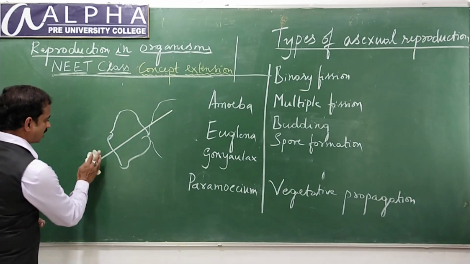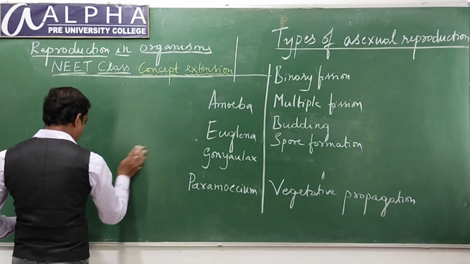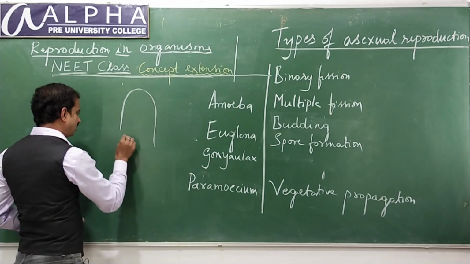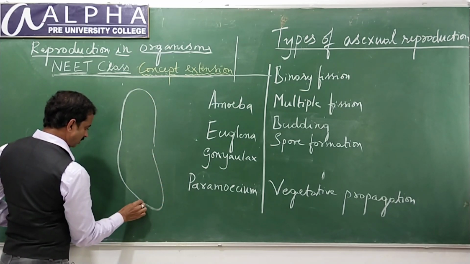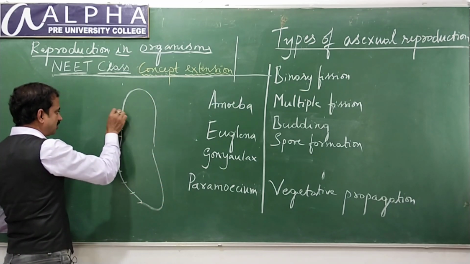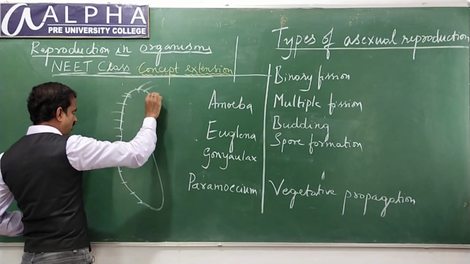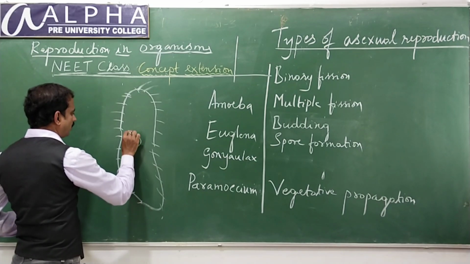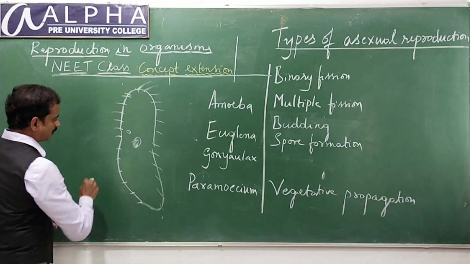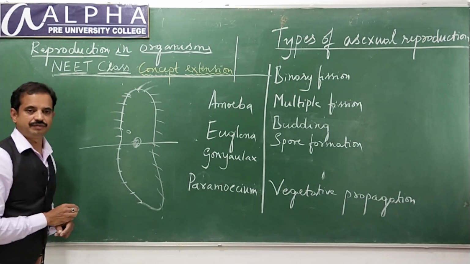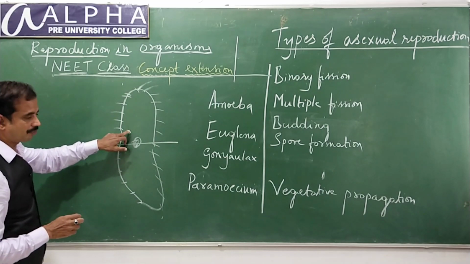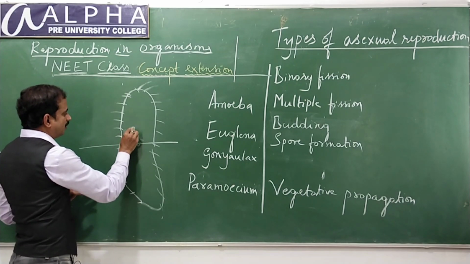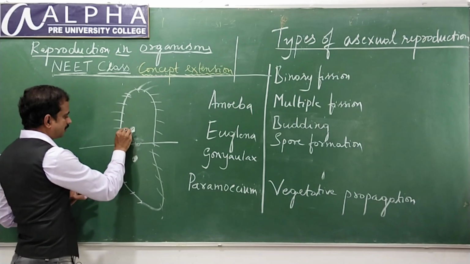And now in case of paramecium, you know the paramecium, it's also called a slipper animalcule. It is somewhat like this. It's a ciliate, and over the surface of the cell, there is a presence of cilia like this. And this divides by transverse binary fission. It's having a macronucleus and micronucleus. Both the nuclei will split like this.